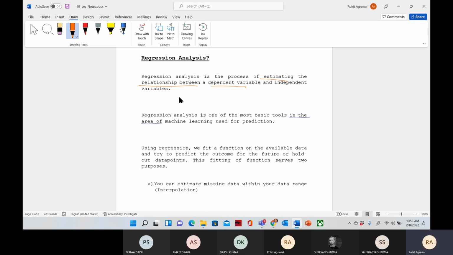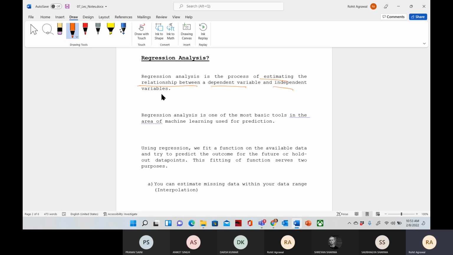Independent variable was the month. For the students going abroad, dependent variable was the number of students, and independent variable was the year. That means in a particular year, how many students are going abroad for their higher studies. So this is a relationship between dependent and independent variable.